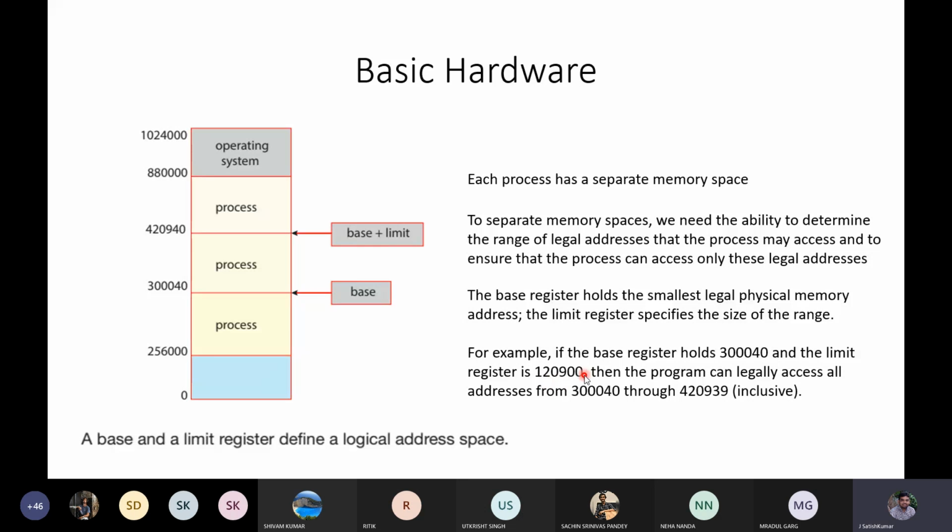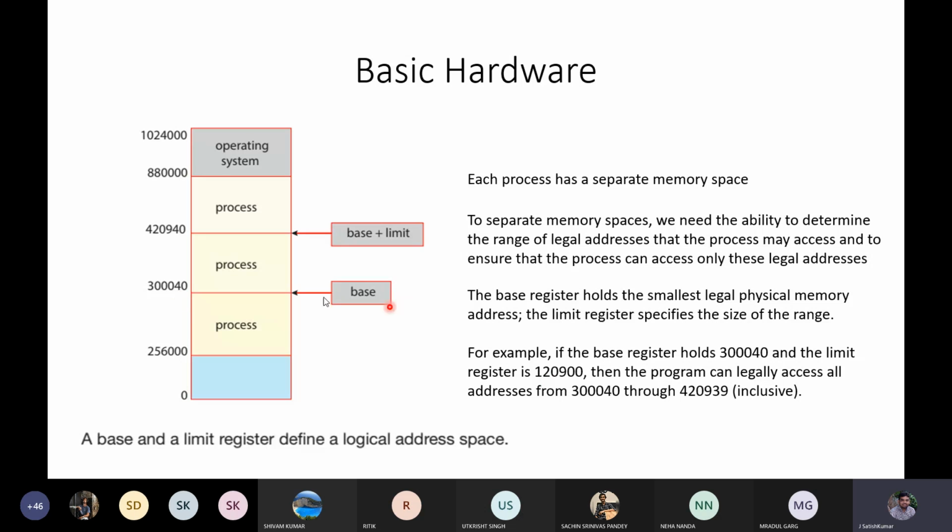20,900. Okay, this many addresses for a particular process is needed. So the base address, we will start from here, and we will allocate this many memory locations. This is the address available. This is the total space available. It will calculate the available space.